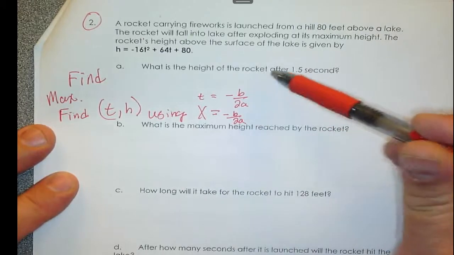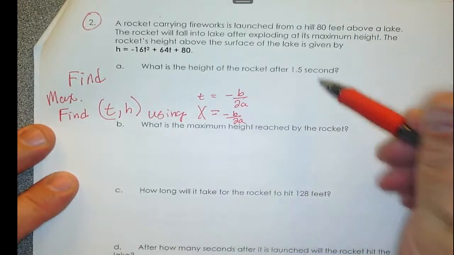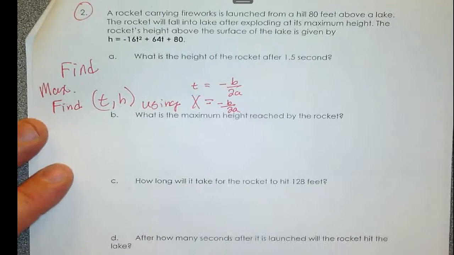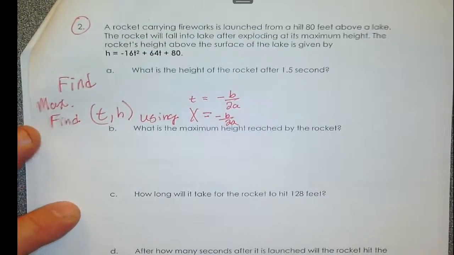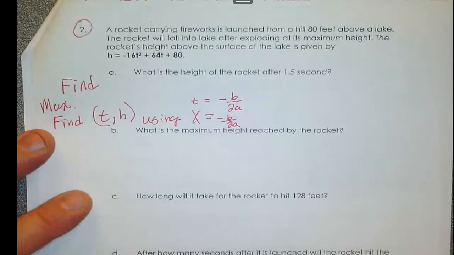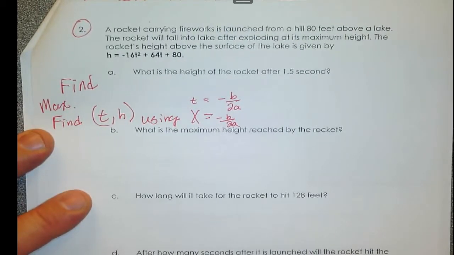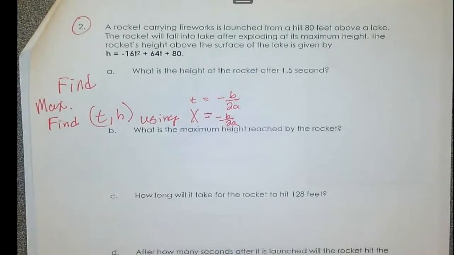And then plug it back in. That's all you have to do. You don't have to do all this other stuff. Just on questions 2 and 3, find out what your maximum is using negative b over 2a. Comprendes? Questions, comments, concerns?